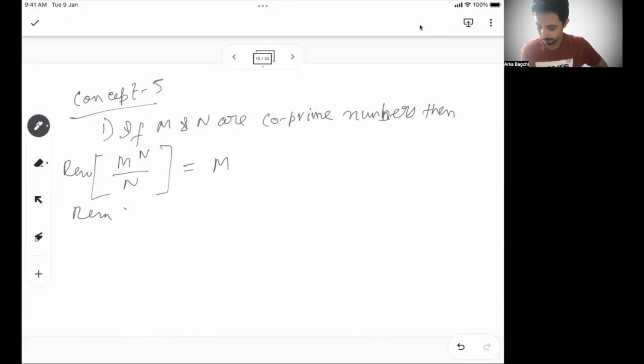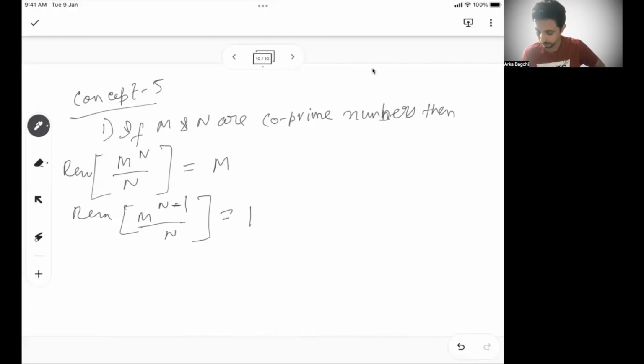Similarly, the remainder of m to the power n minus 1 divided by n, you get a remainder of 1. Okay. So these are the two concepts you need to understand. If m and n are coprime, then m to the power n by n gives a remainder of m. m to the power n minus 1 by n gives a remainder of 1.